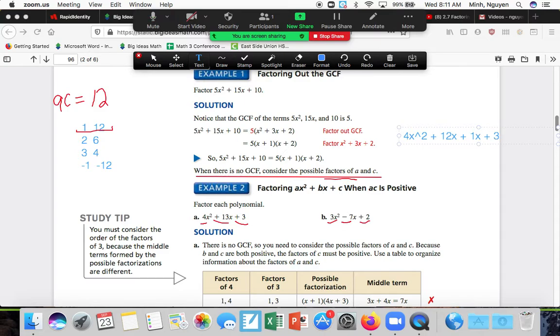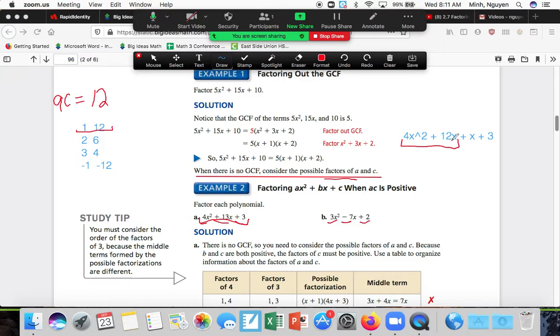All I've done so far is rewrite this problem. 13x is really just 12x plus x. And then I'm going to factor by grouping.